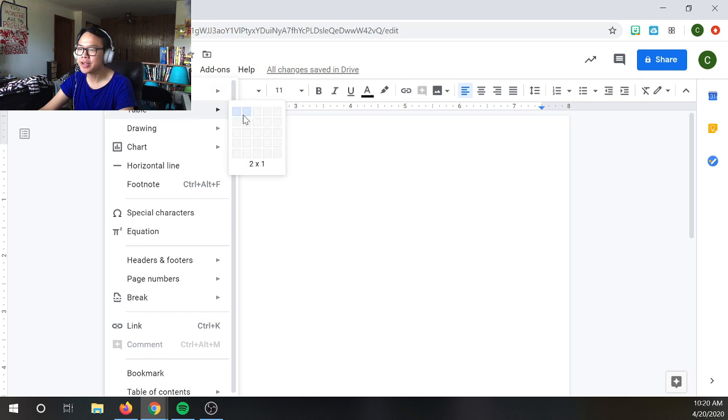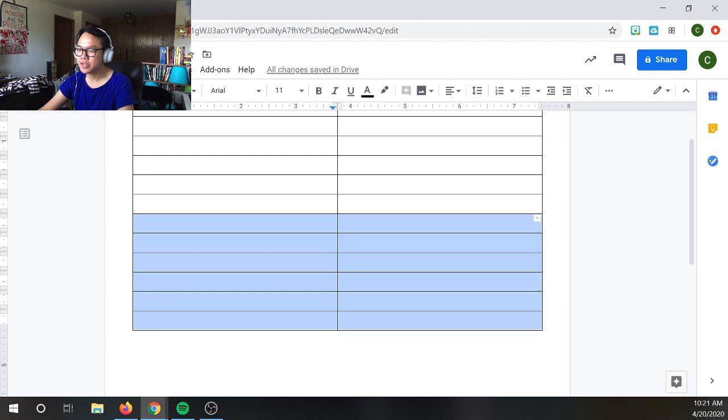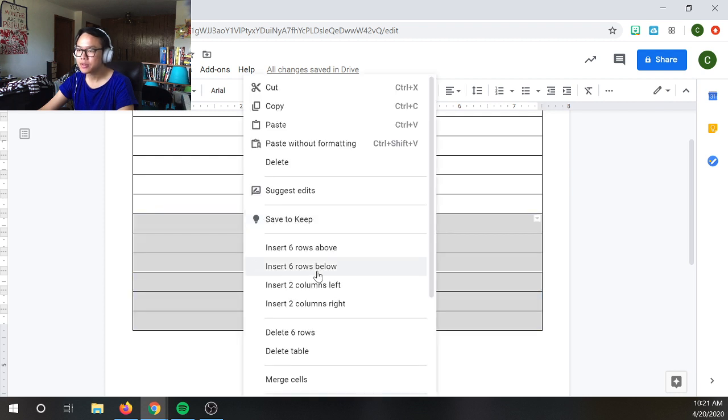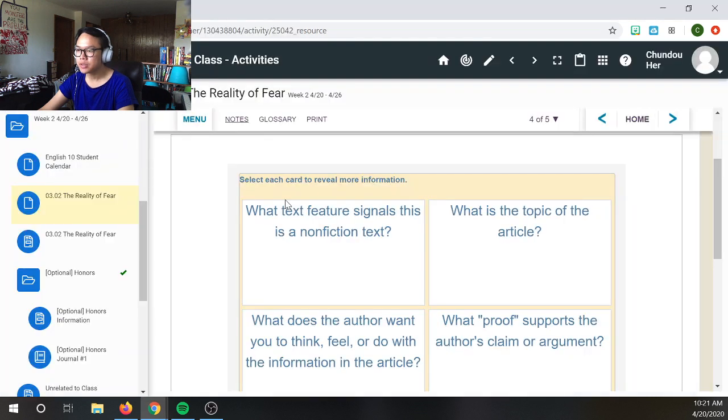So I'm just going to insert a table. Oops, I did too many. I need to delete half of those. Delete rows.